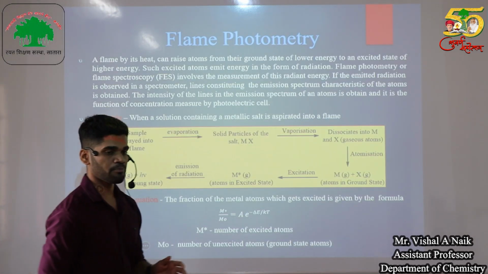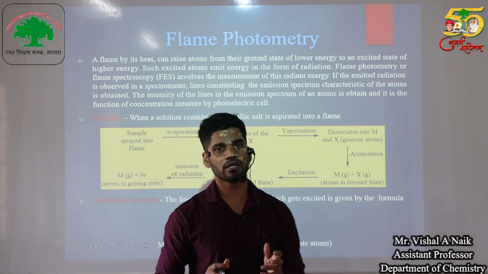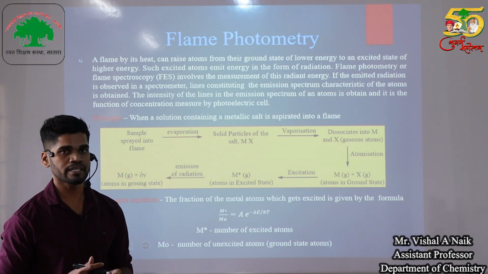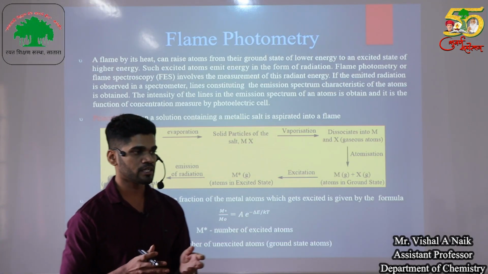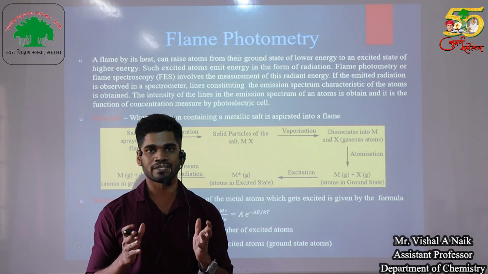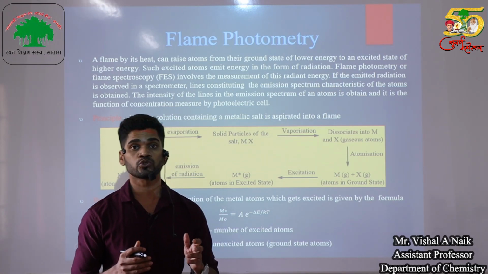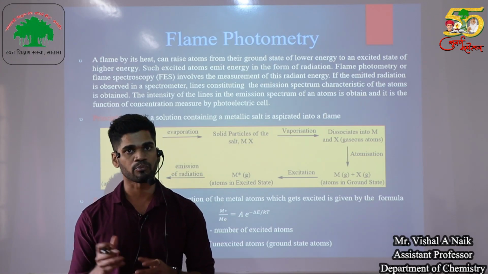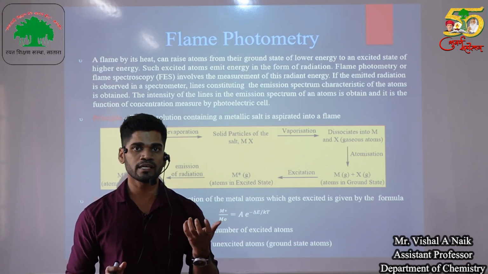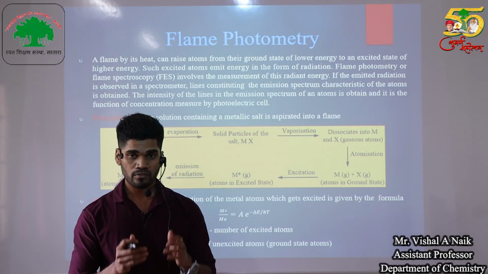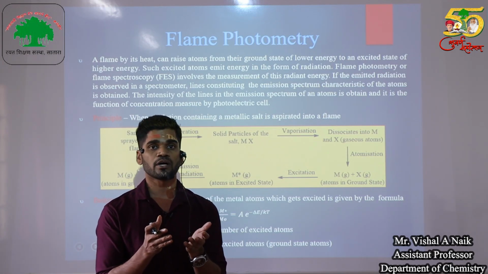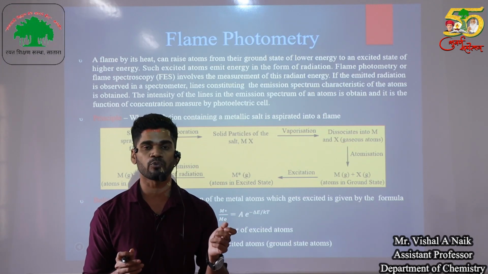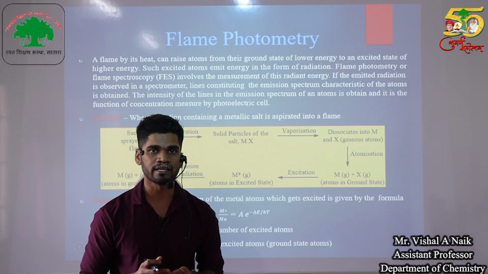So what is the basic principle of flame emission spectrophotometer or flame photometry? Generally, flame emission spectrometry is used to detect the concentration of metal ions present in different samples. When we heat that sample, the electrons of that metal ion go from the ground state to an excited state by absorbing the energy that comes from heat.